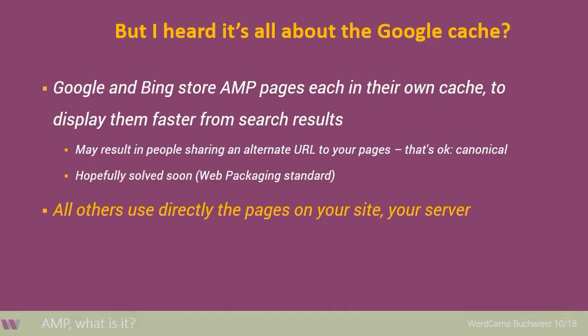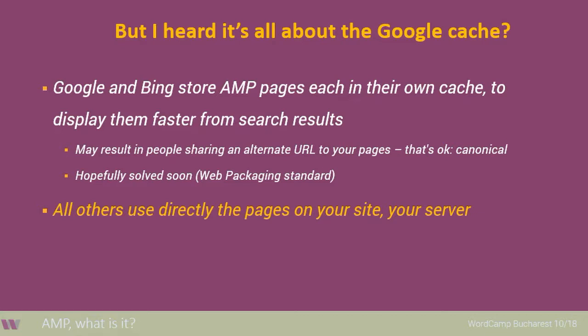Now, you may have heard that the speed improvement is all about Google Cache. It's fast because Google caches everything, and your pages are served from the Google servers, and that's bad. Well, that's not true. What's happening is that Google, and since very recently Bing, do indeed keep a copy of your AMP pages.